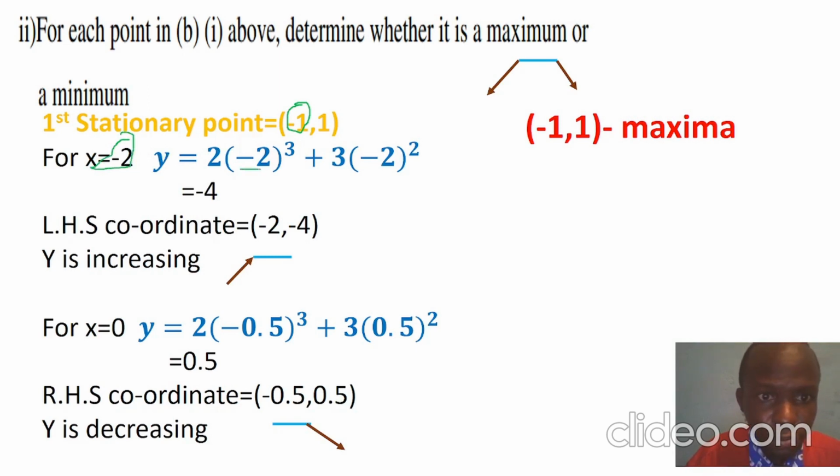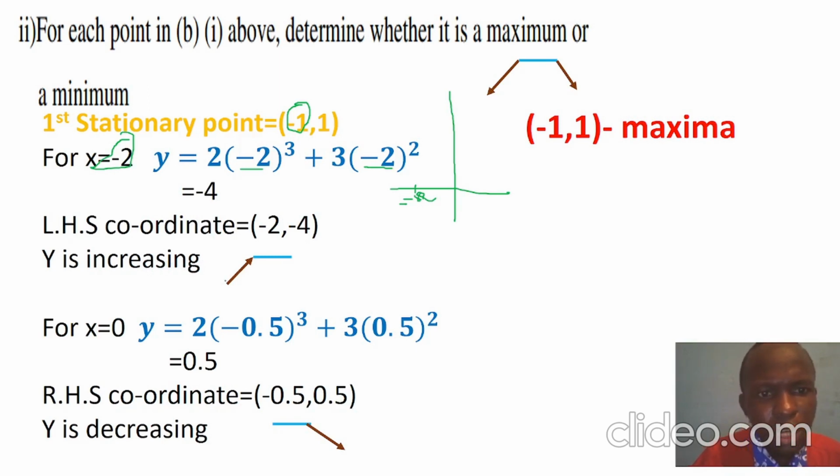Substitute it in the original equation, not the gradient function, and then you get -4. And you realize that on the left hand side, when you draw the Cartesian plane, we have the negatives. That tells you the nature of that particular curve.